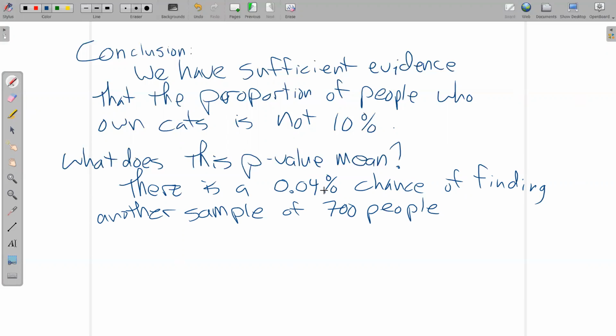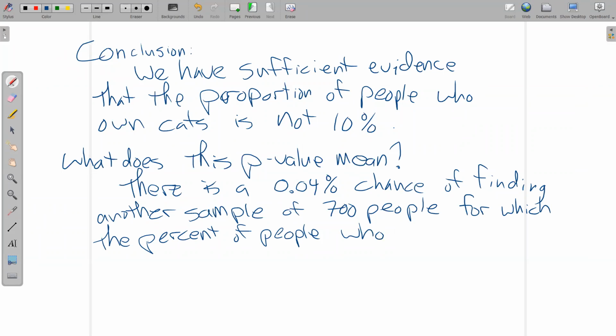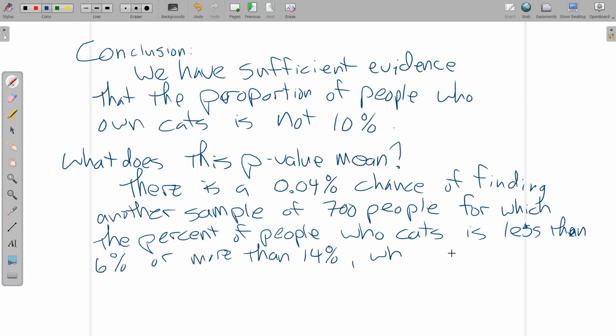So there's a 0.04% chance of finding another sample of 700 people for which the percent of people who own cats is either less than that 6%, or it could be more than 14%, that reflection, when we were expecting to find about 10%.